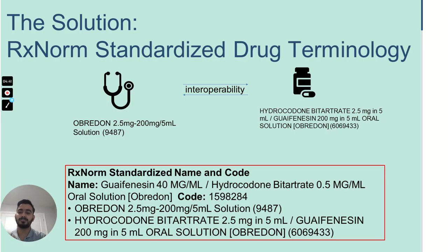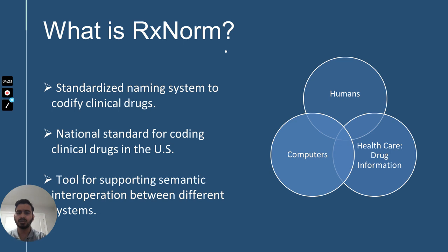So RxNorm basically provides interoperability. It created a new standardized drug terminology which could be understood by two different healthcare systems so that sharing of the data becomes easier. So what is RxNorm? A standardized naming system to codify clinical drugs?